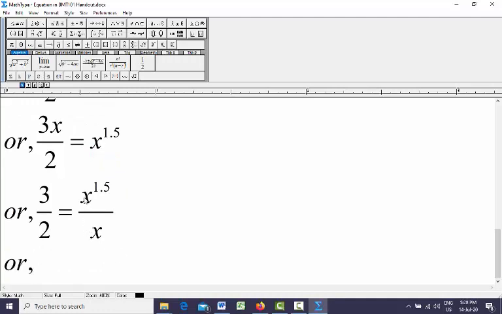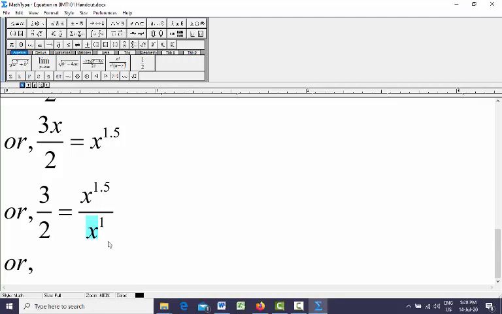Now here x is alone, no power is there. As I said before, no power doesn't mean that there is no power. If there is no power, that means there is a power 1, right? So here the base is x, and here also base x.